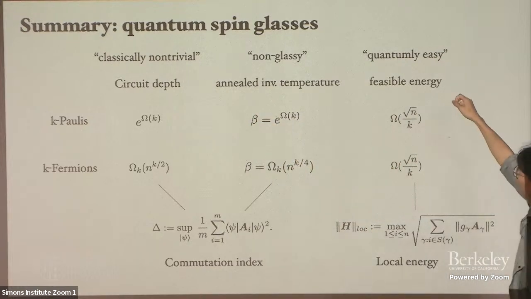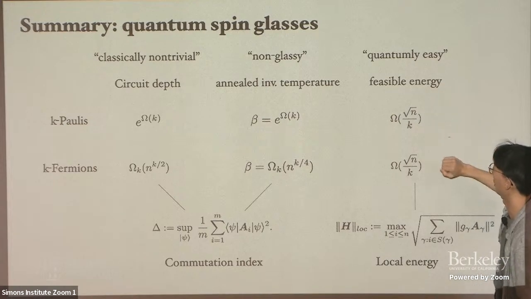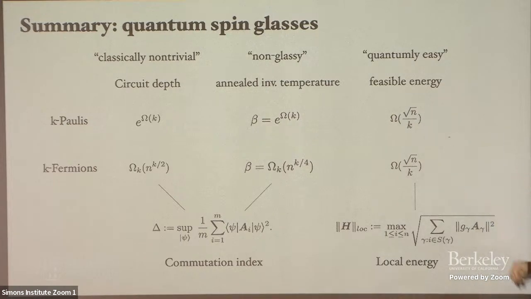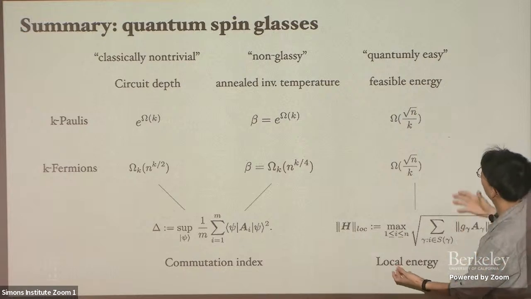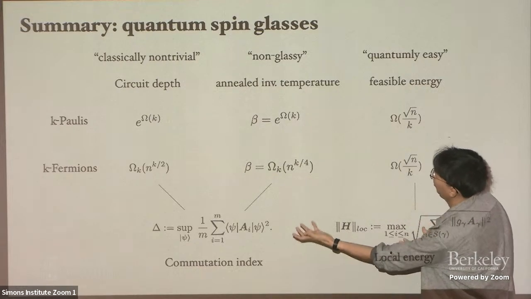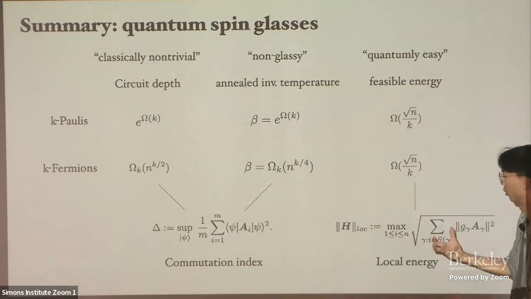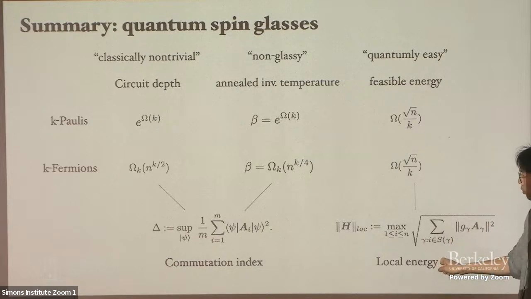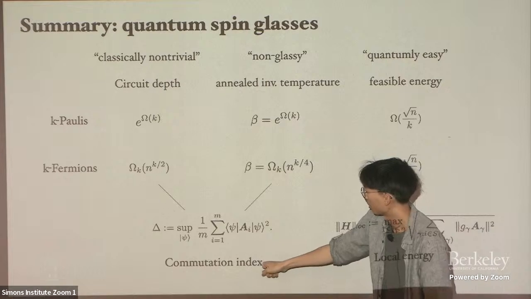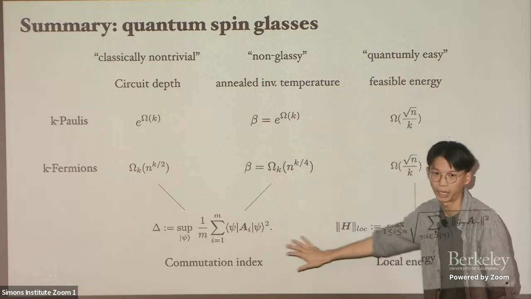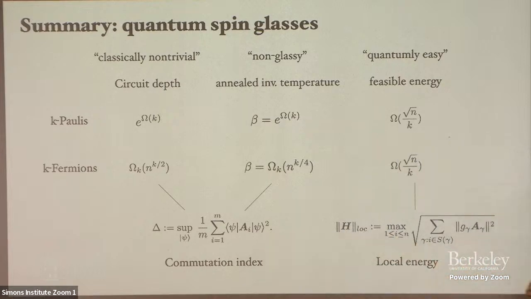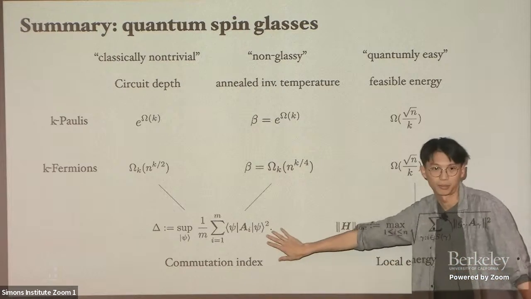And it's quantumly easy, in the sense that you can prepare a low energy state achieving these bounds. What's interesting is that these two results rely on different properties of the Hamiltonian. One is some local energy quantity, and the other is some kind of commutation structure. They are very different quantities, and this one arguably has more classical analogs, but this one doesn't quite.